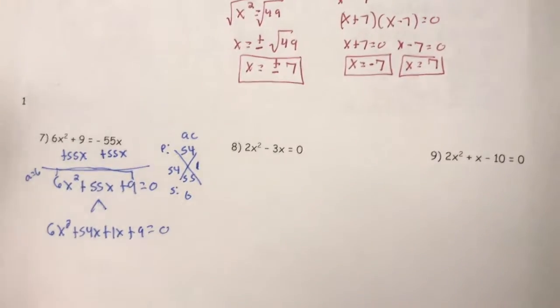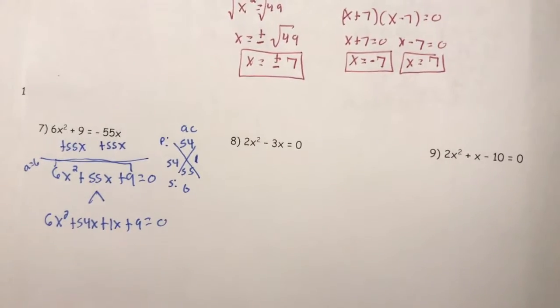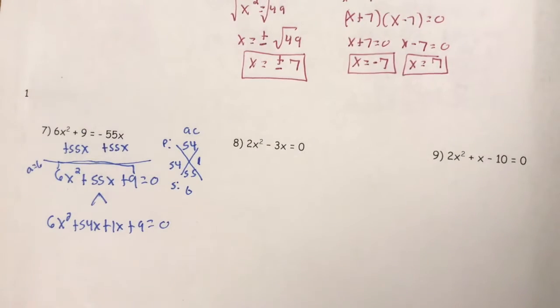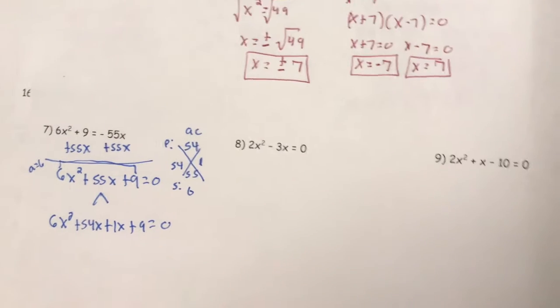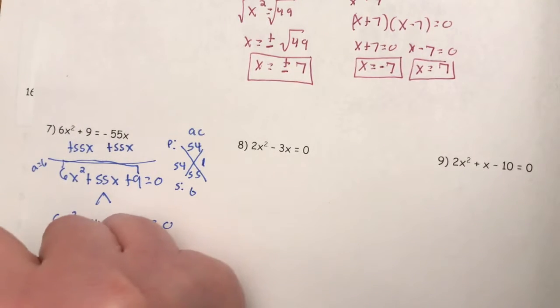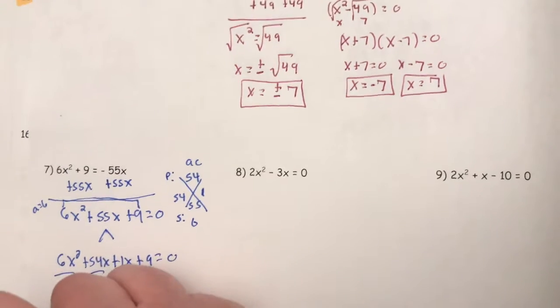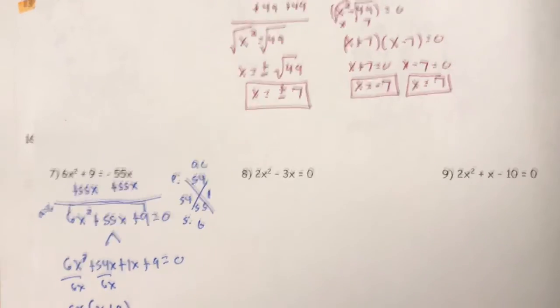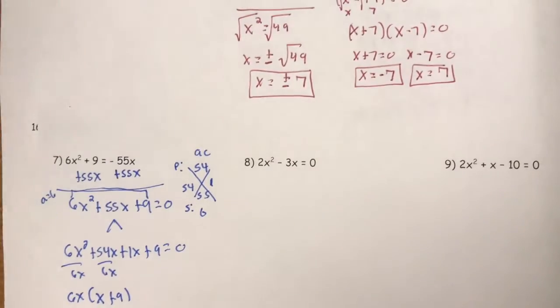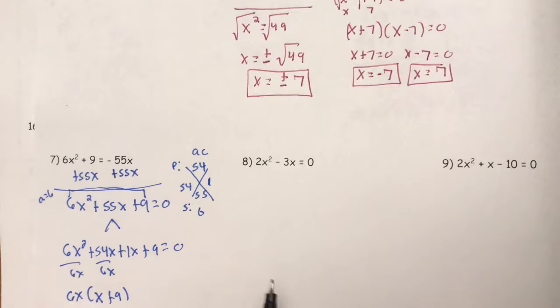All right, so we're now going to factor by grouping. We group the pairs up, and with the first pair, I can factor out a 6 and an x. And I will be left with 6x on the outside, and I have x plus 9. Now when I take a look at the next pair, the only thing I can factor out is a positive 1.